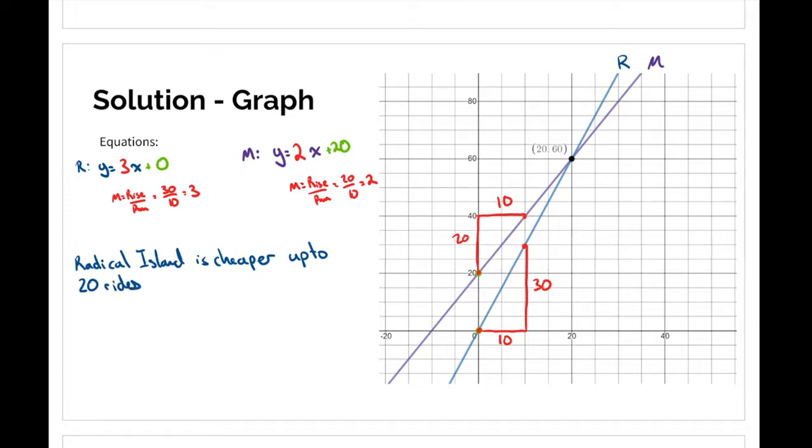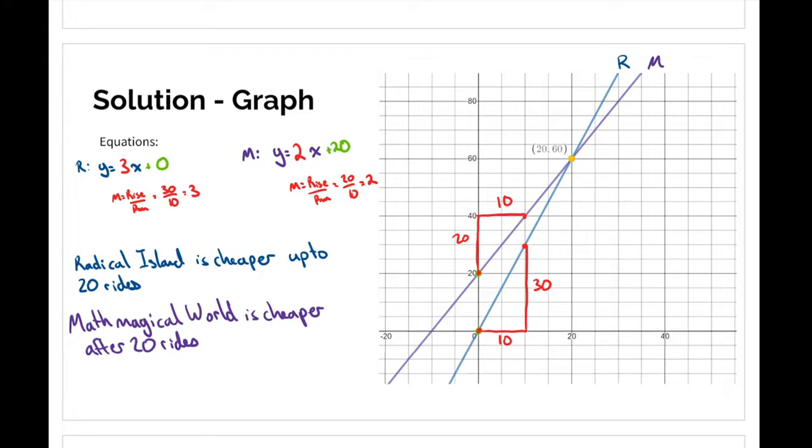We could then say, well, after 20 rides, Mathemagical World is cheaper. And then you might be thinking, well, what about this point here?